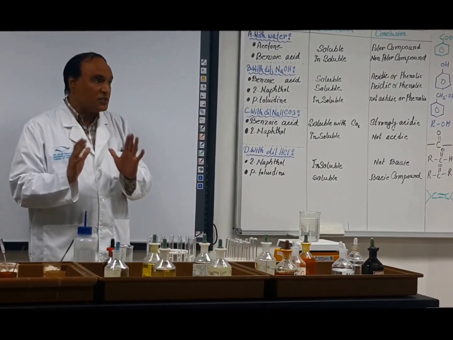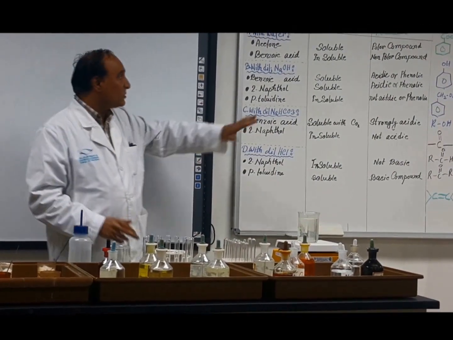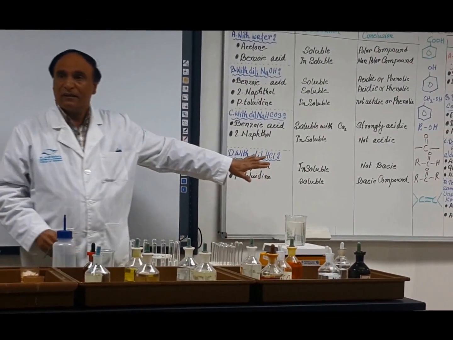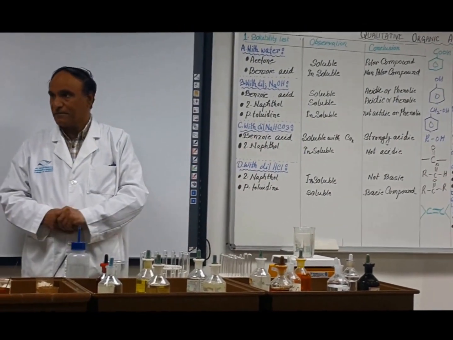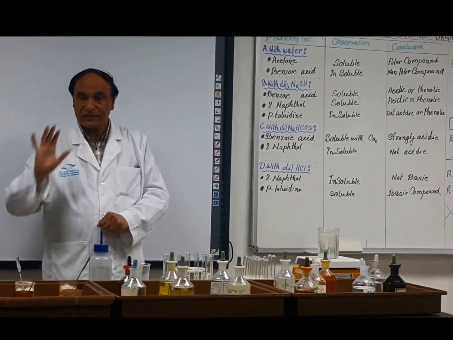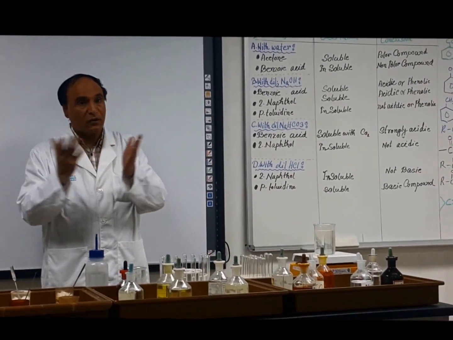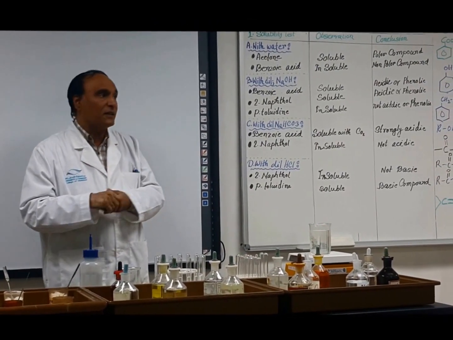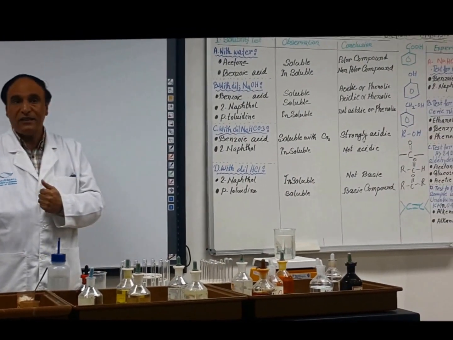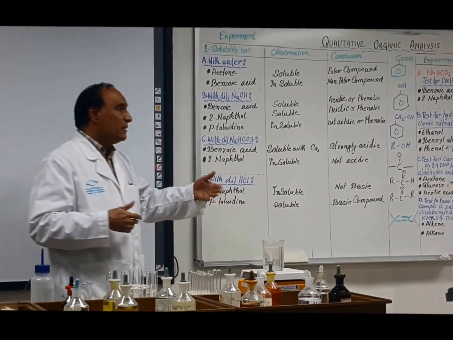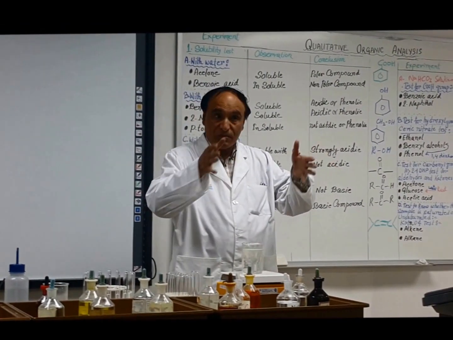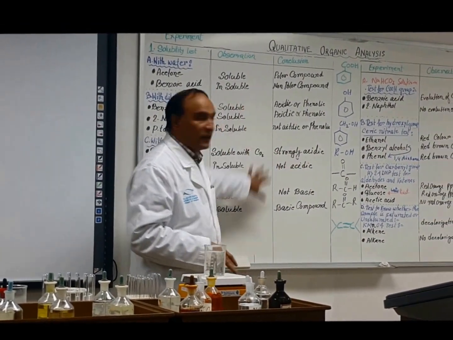To give you an introduction, to tell you that solubility gives us very useful information. That is the purpose of this experiment, so you can understand the nature of the organic compound, whether they are polar, acidic, strongly acidic, or basic. You will get this information from this part.